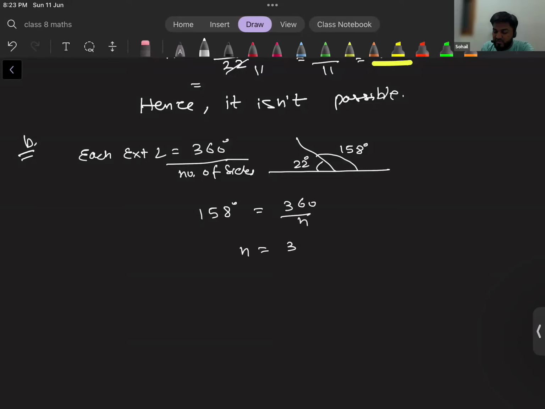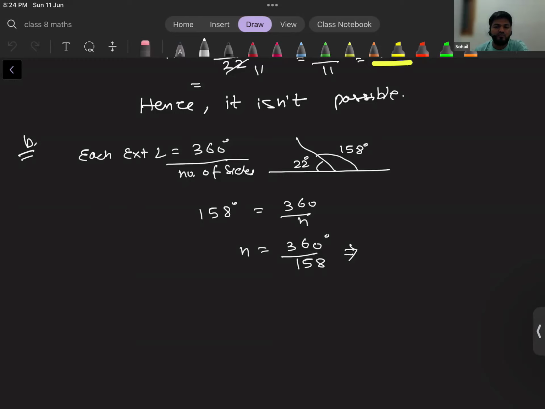Now, are we getting a whole number here? Divide 360 by 158. Okay, now the answer comes in decimals.